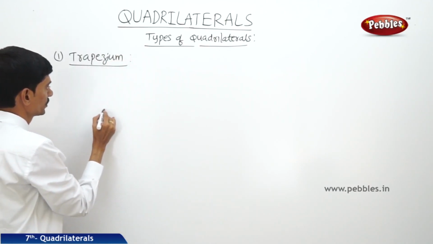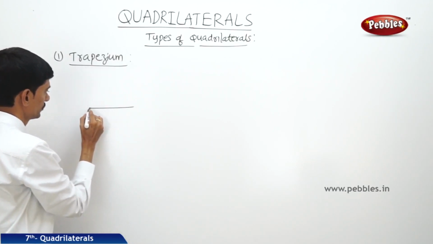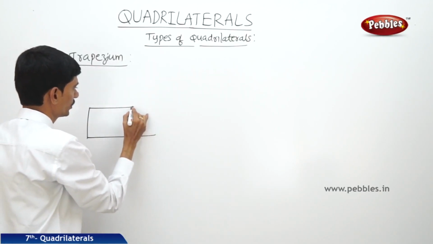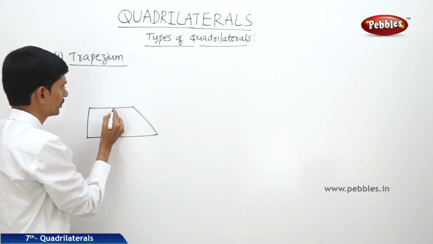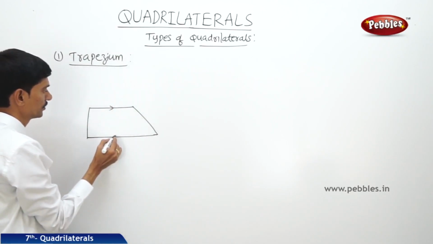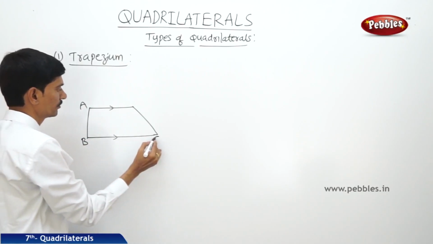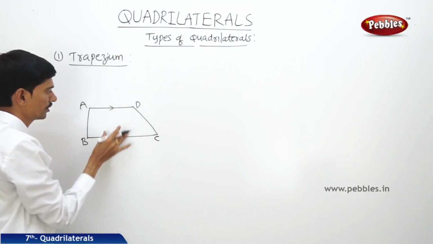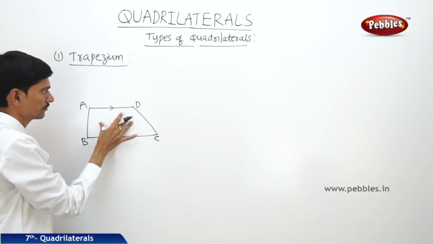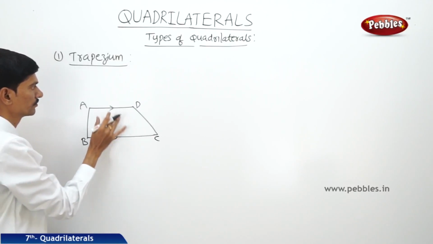If you take a quadrilateral in which a pair of opposite sides are parallel, such quadrilateral is called a trapezium. So in the quadrilateral ABCD there is a pair of parallel sides. So this type of quadrilateral is called a trapezium.